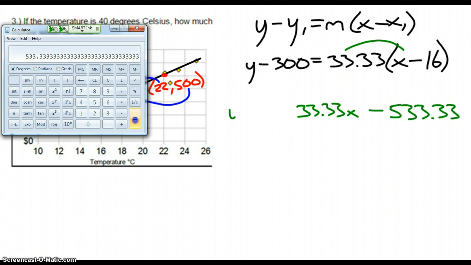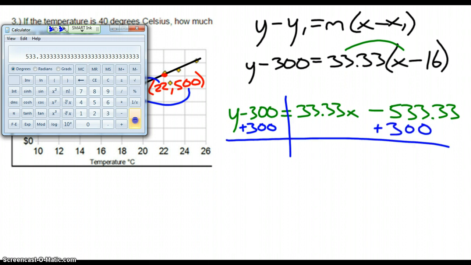Okay. And then to solve for y, we'll get it in the slope intercept form here. I have to add 300 to both sides of the equation. And we get this.